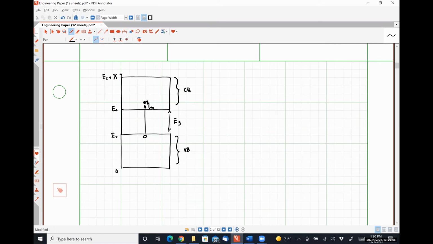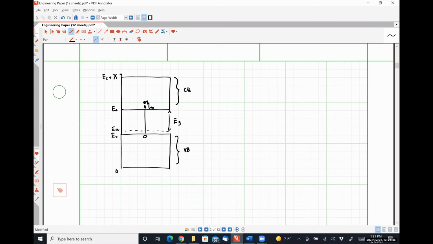When we introduce acceptor impurities, these acceptor atoms have what's called an ionization energy. The ionization energy for these acceptor atoms is somewhere around 0.05 electron volts. And so what that does is it creates an energy state here, which I'm going to call EA.